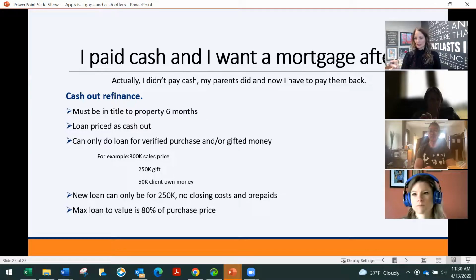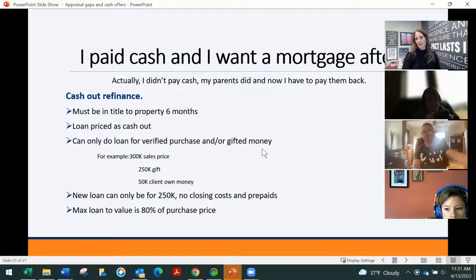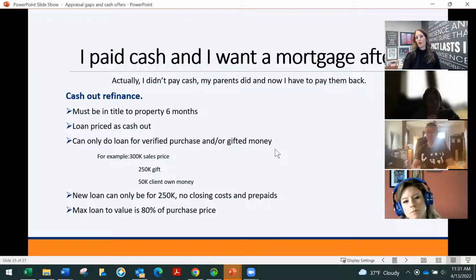We can't even start the process until they have been owner of record for 6 months. You get the hit of the loan being priced as a cash out. And then we can only do the loan for the verified purchase or whatever they gave in gifted money.